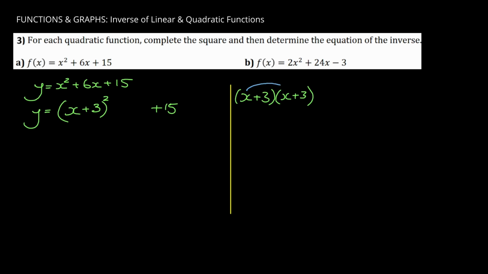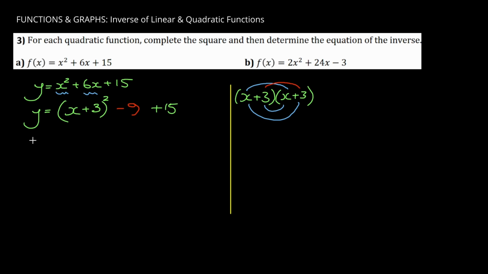Well, our first multiplication, x times x, does give us x squared. And the underneaths, 3x and another 3x, gives us 6x. But this multiplication of 3 times 3 is unwanted. 3 times 3 is 9, so this will give us a positive 9 that we don't want. So I need to take away that 9 straight away to balance everything back up again.